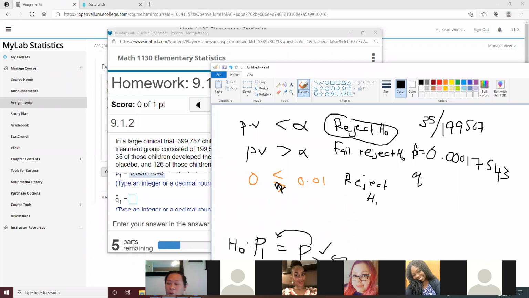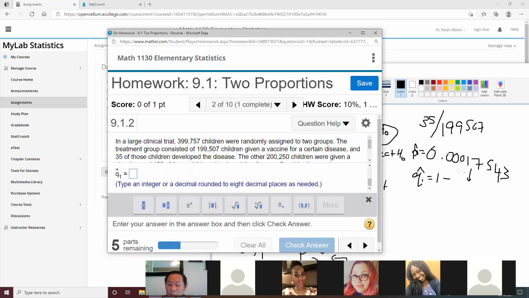How do you find your Q1 hat? You just do 1 minus this. Okay. So in order for you to find the Q1 hat, you take 1 minus what you have from there. So you take your calculator, take 1 minus, and this will give us 0. 8 decimal places: 1, 2, 3, 4, 5, 6, 7, 8.